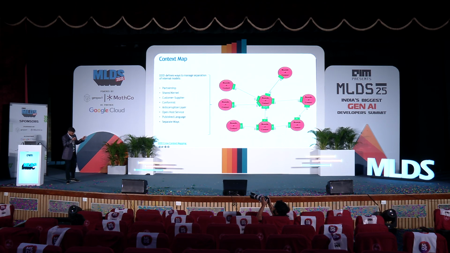When you have multiple bounded contexts discovered, then how will the context map look and what patterns are available to share data from one bounded context to another? When one bounded context is upstream and another is downstream, how are you going to share the data?